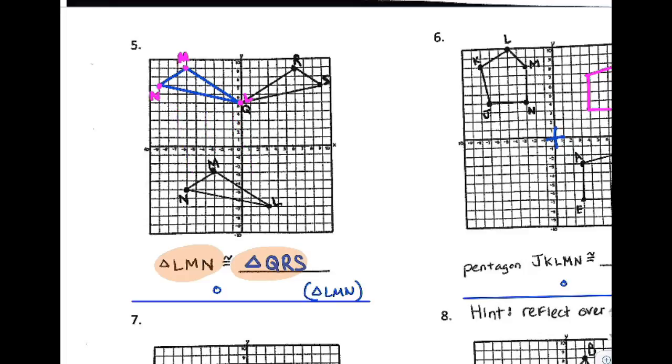So what was the translation? It looks like it went to the left 3 and up 12. So my first step was translating -3, +12. Then, once I have it up here, I simply then reflect it over the y-axis.